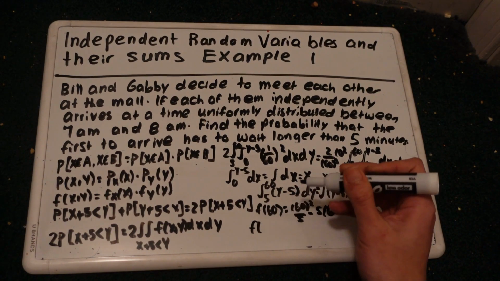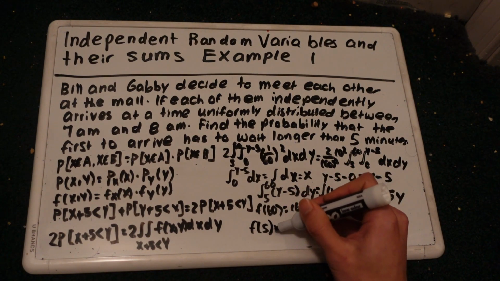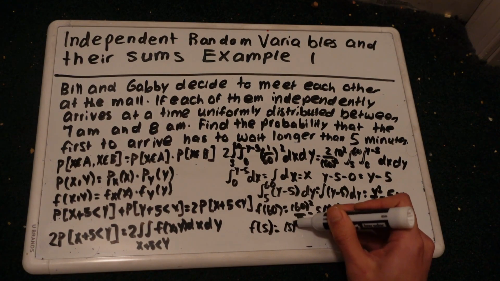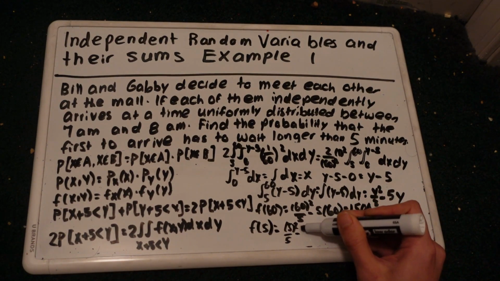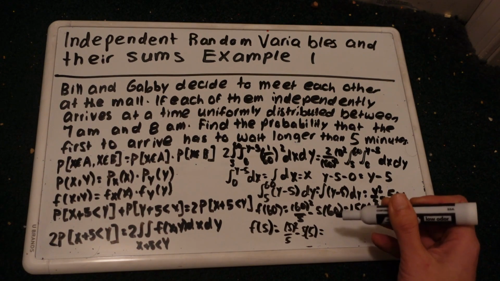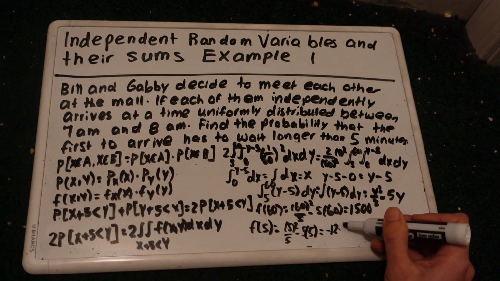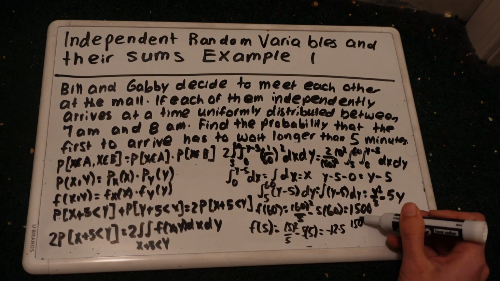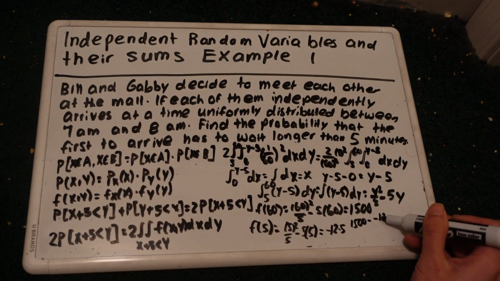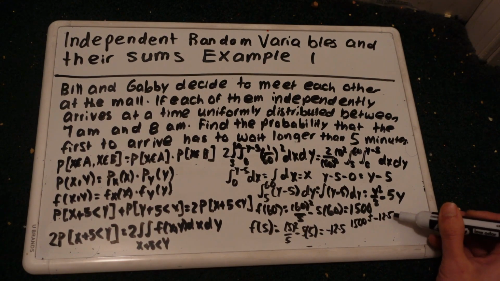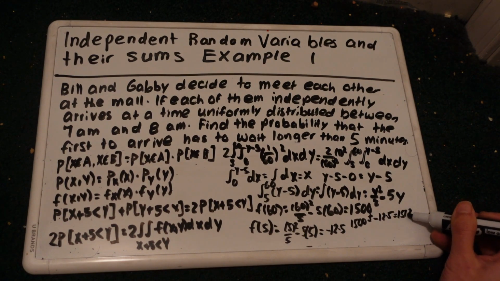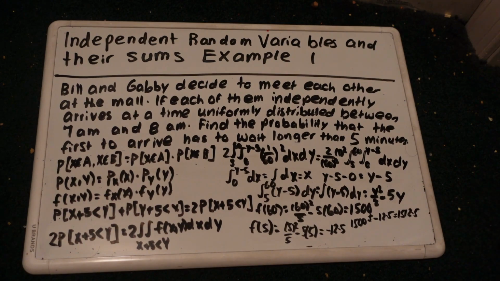Let's plug in the 5, and we get negative 12.5. So 1500 minus negative 12.5 is just 1512.5.